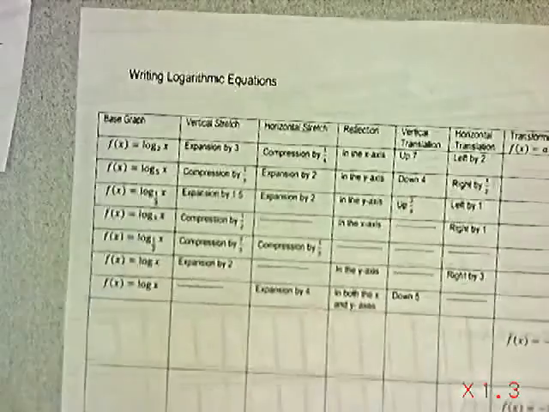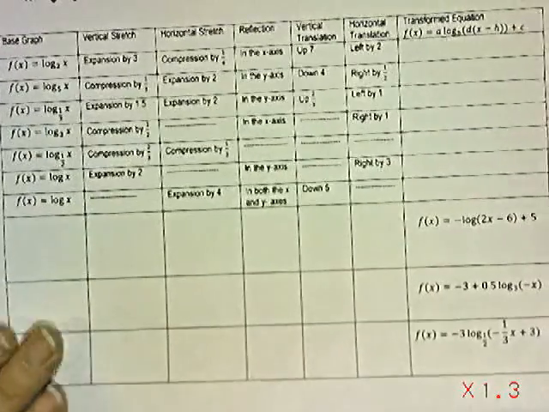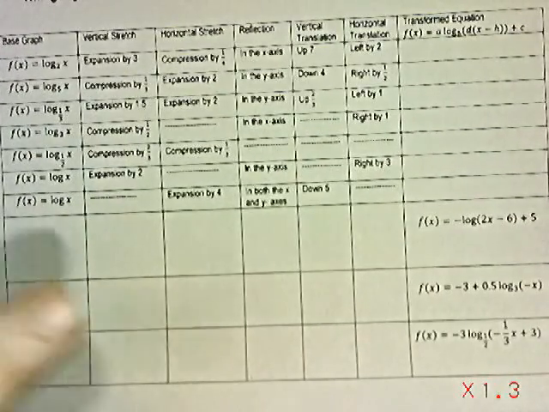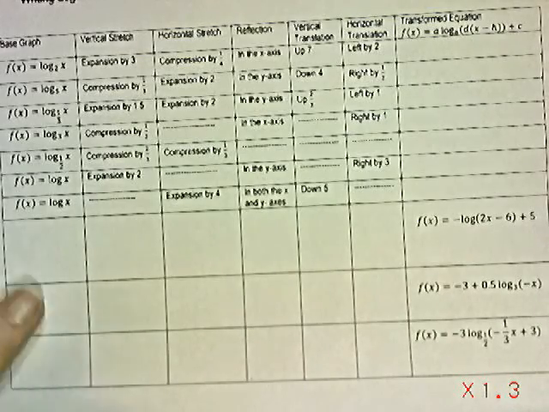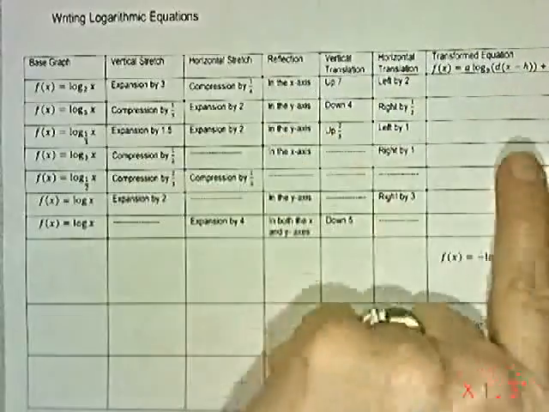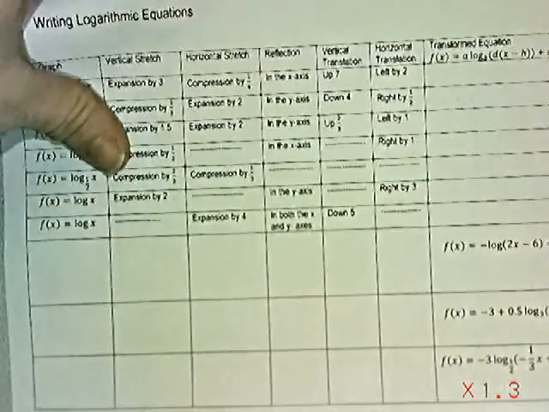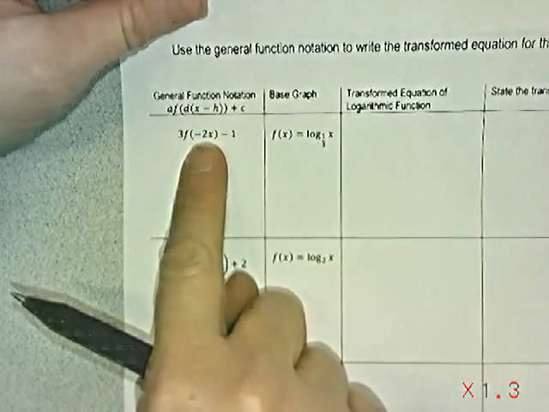graphs. And then some practice either decoding transformations from an equation, or given these different transformations, creating the equation of the line. Down here, I'm starting with general function notation.